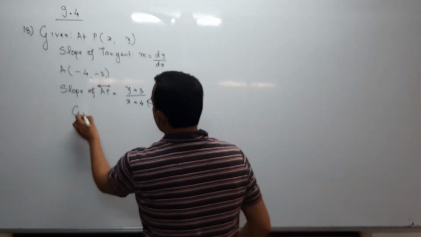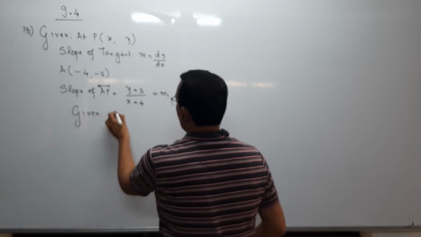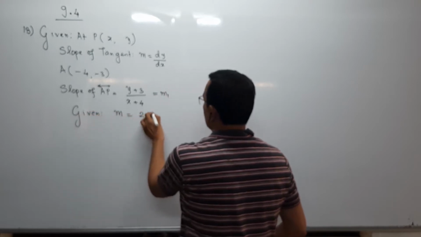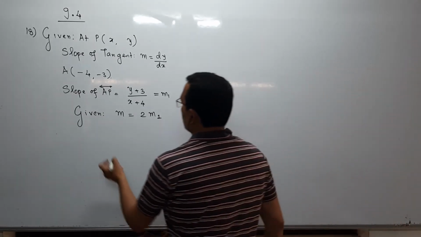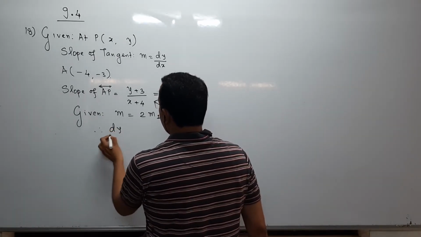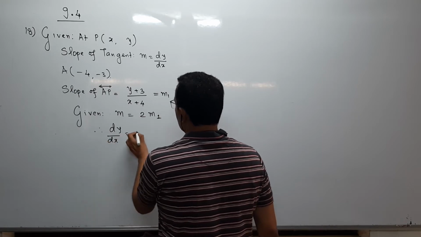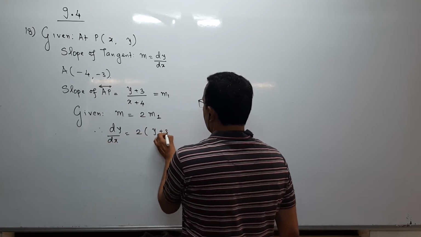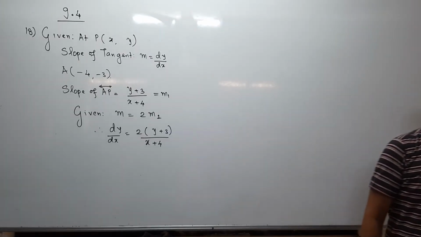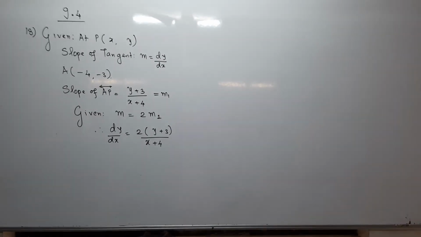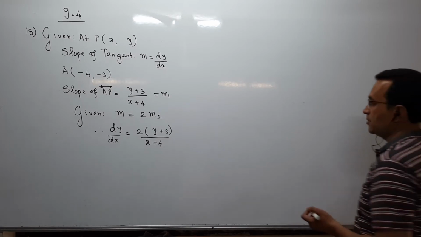Then, according to given, slope of tangent is twice slope of line segment AP. Therefore, dy by dx will be equal to twice y plus 3 upon x plus 4. So this is dy by dx.